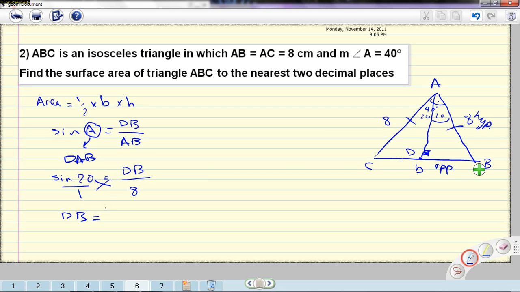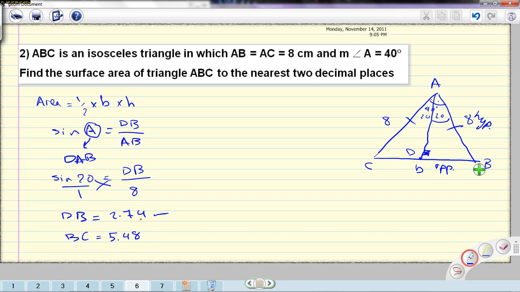So DB will be 2.74, yes, centimeters, which means that BC, it's doubling DB, multiply 2.74 by 2, which is 5.48.